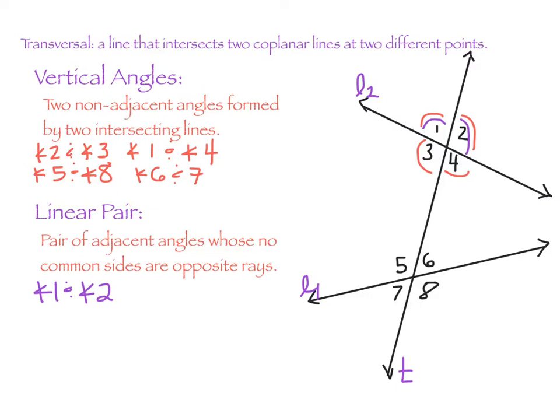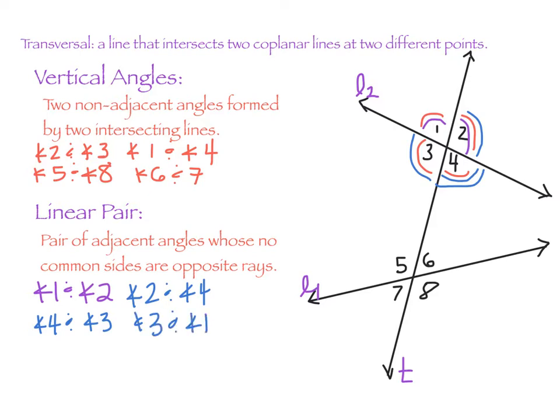But then wouldn't we also have a pair of linear pairs at angle 2 and 4? Well, following that, I'd have one at angle 4 and angle 3. And lastly, at angle 3 and angle 1.